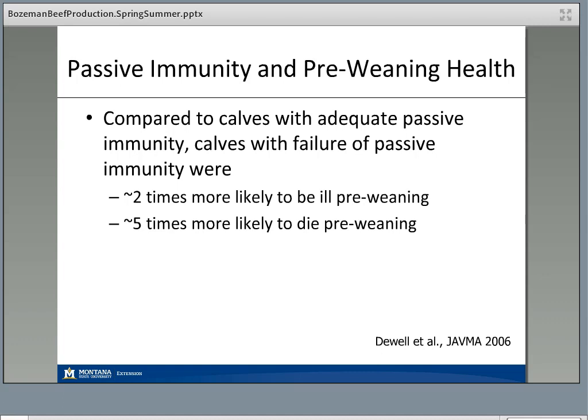And so we had some groups of adequate passive immunity and groups with failure of passive immunity. So if you were a calf that had failure of passive immunity, you didn't get enough colostrum. Now, those calves were twice as likely to be ill before weaning, okay, so we're going to have to doctor them. And they were 5 times more likely to die before weaning. So hopefully that convinces you that those colostrum immunoglobulins are really critical for calf health.